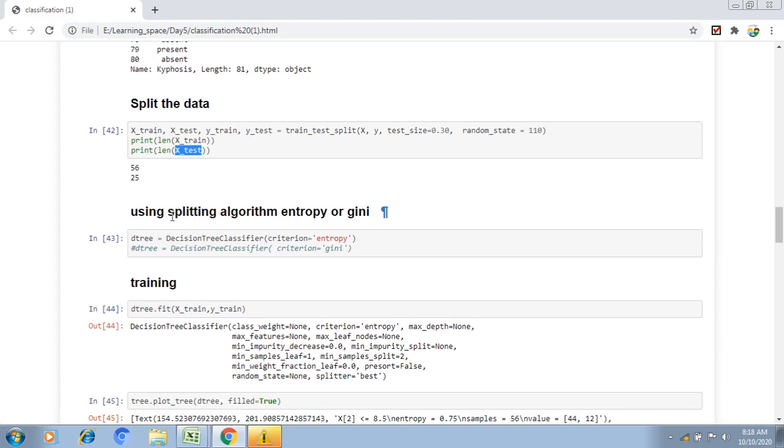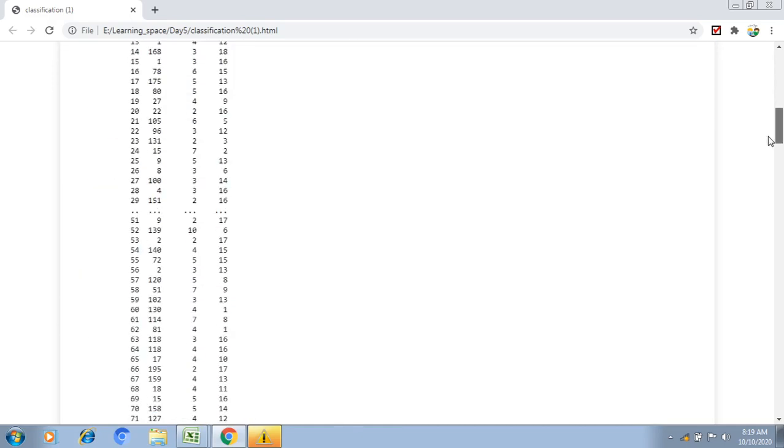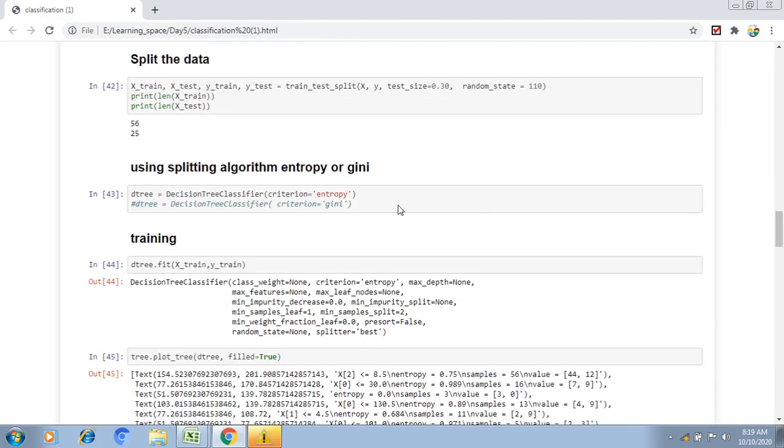For the splitting criterion, either entropy or Gini we can use. Here we pass it to the decision tree classifier, which is a class from sklearn. I'm just passing the argument as entropy or Gini.